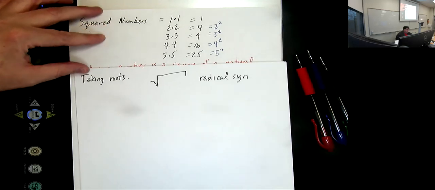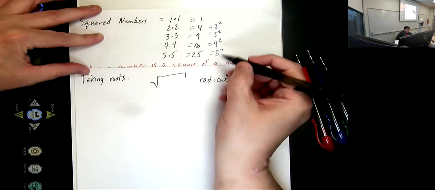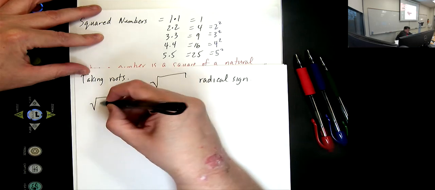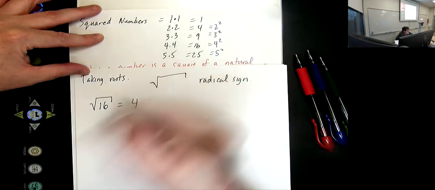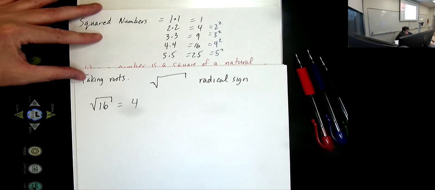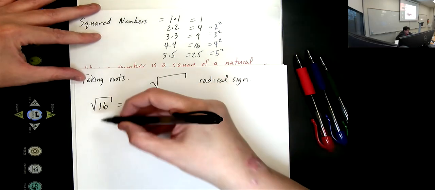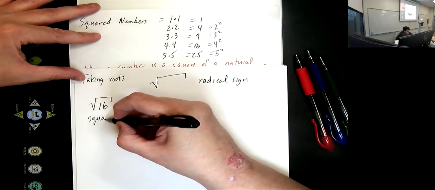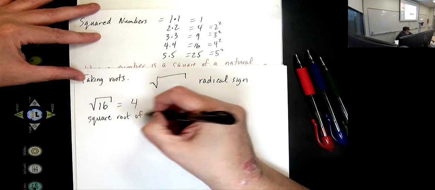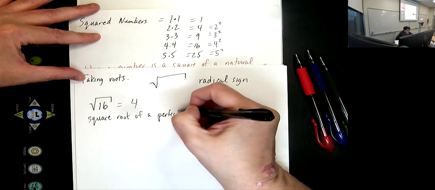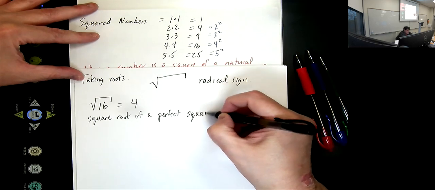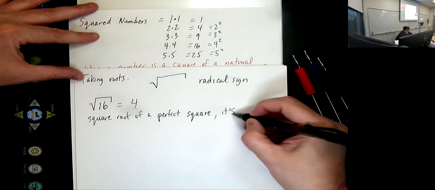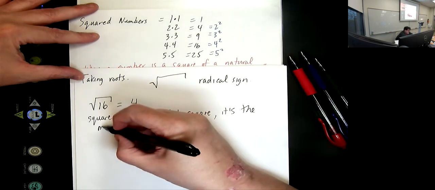I'm going to come up to my list right here that I made earlier. I have the square root of 16 is 4. So if you have the square root of a perfect square, it's that multiple. It's the multiplier.